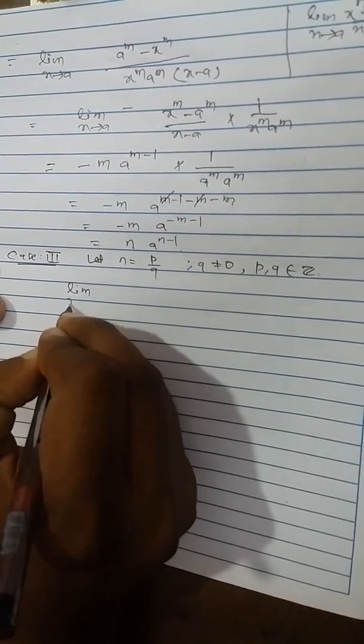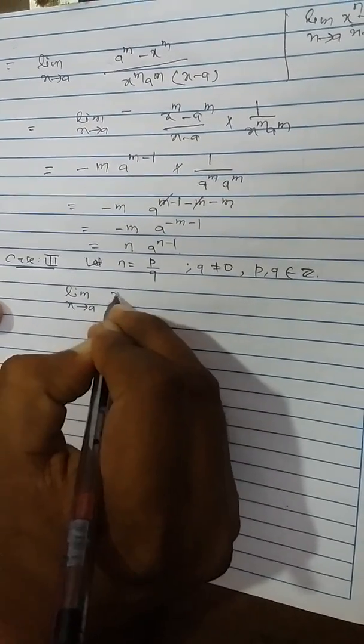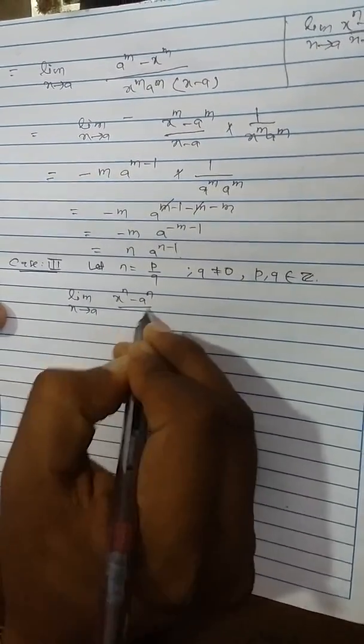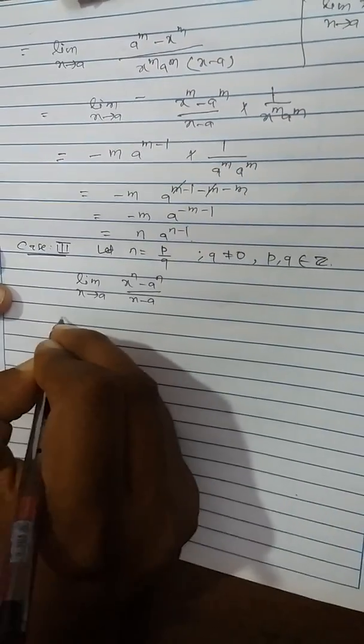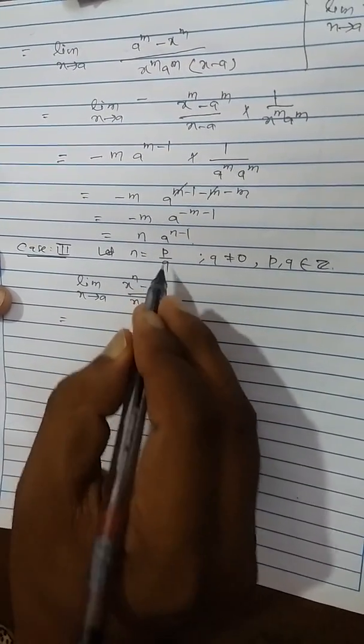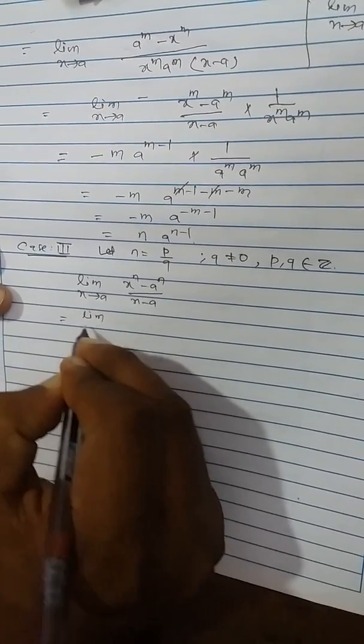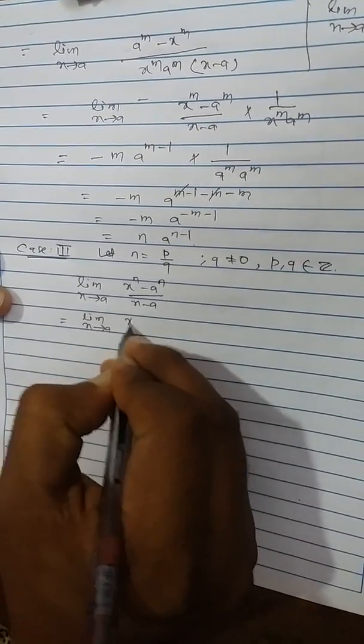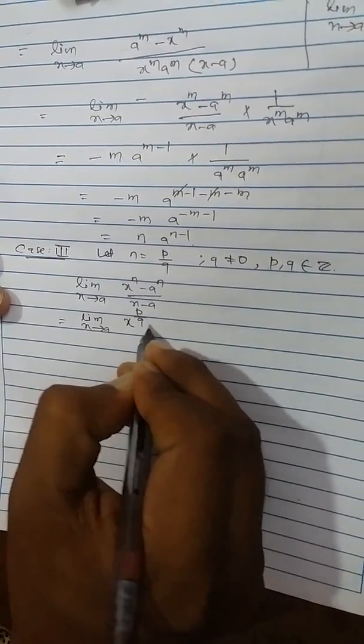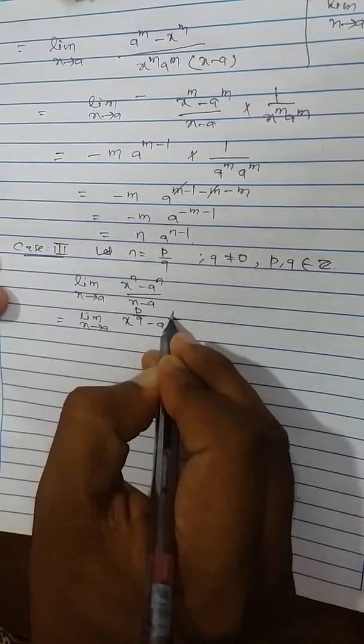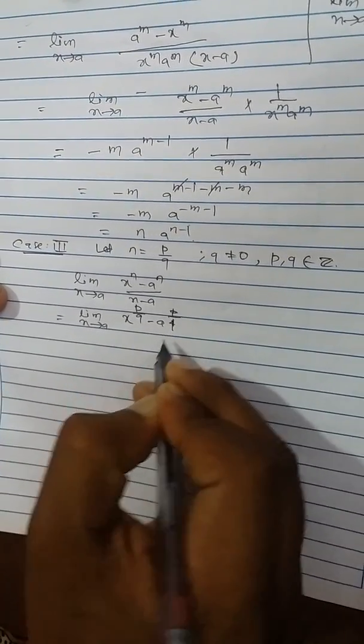Our LHS is limit x tends to a, x to the power n minus a to the power n divided by x minus a. We are going to replace n by p upon q. So the result becomes limit x tends to a, x to the power p upon q minus a to the power p upon q divided by x minus a.